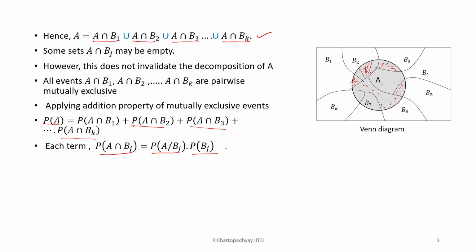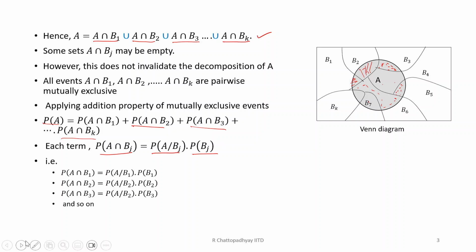So if we use that conditional probability, we can write this statement. If we try to recall, P(A given B) can be written as P(A intersection B) by P(B).